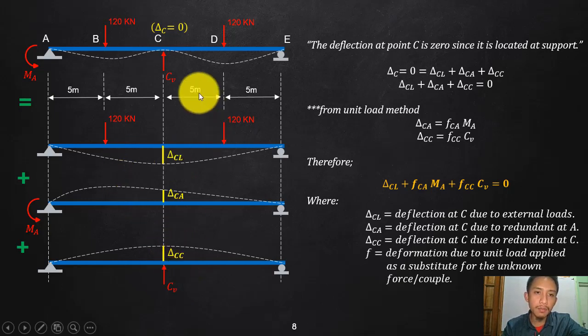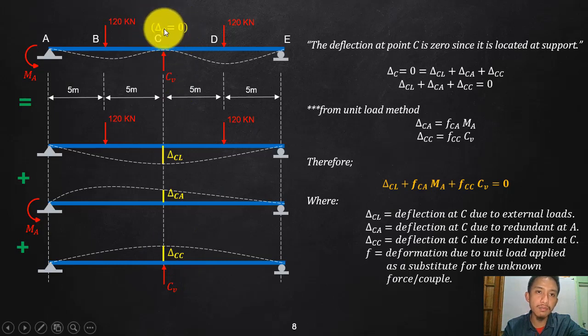Then if I apply my second redundant here, this could be my deflection, again the elastic curve. Since we are still talking about the deflection at C, that will deflect going up, so again another positive deflection. Look here again: the effect of the load will go down, but the effect of our redundant will put it back.